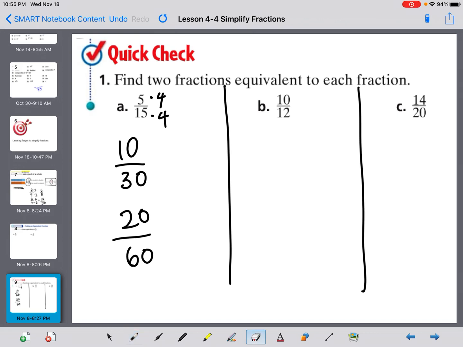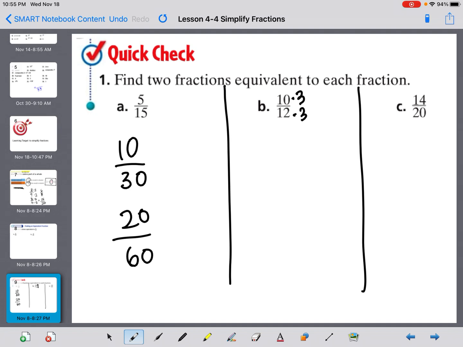So I just happened to pick 2 and 4, multiply the top and the bottom by the same number. I get 10/30 and 20/60. The nice thing about equivalent fractions, you don't have to have either of those. You can have 2 totally different fractions and also be correct.